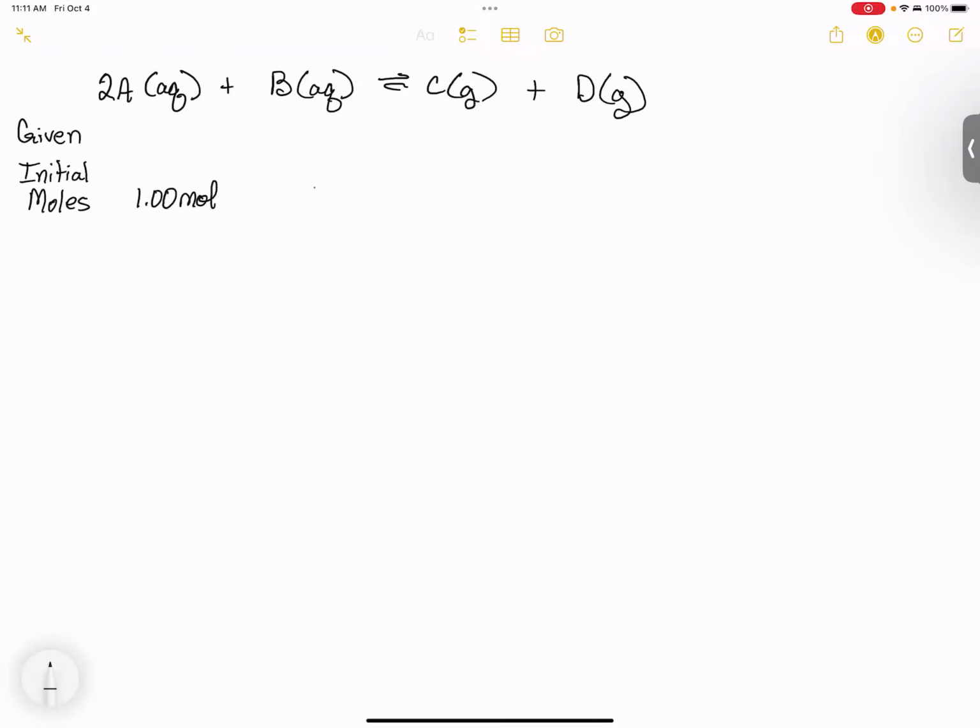The initial moles of B is 0.80 mole. The initial moles of C is 0.00 mole. And the initial moles of D is 0.00 mole. I am told that the volume that this reaction takes place in is a 2-liter container.